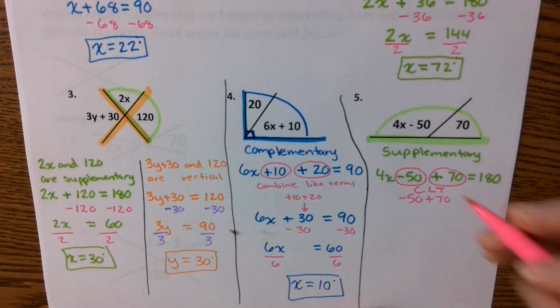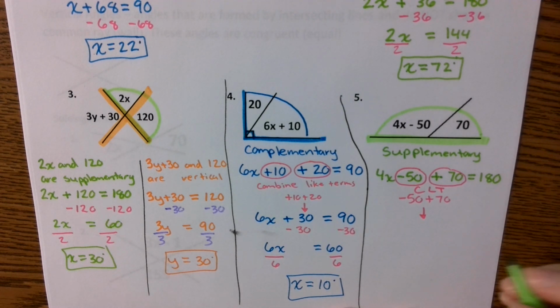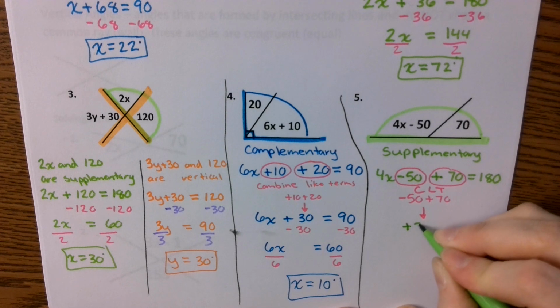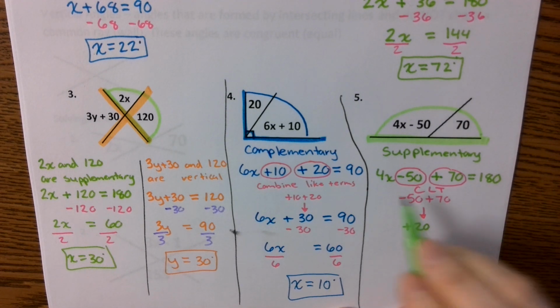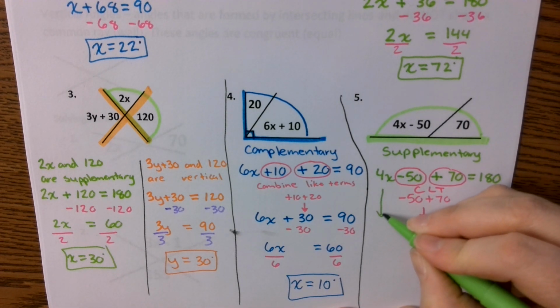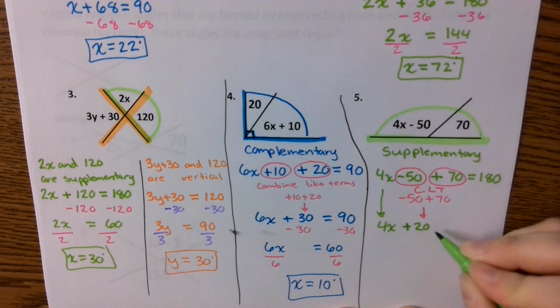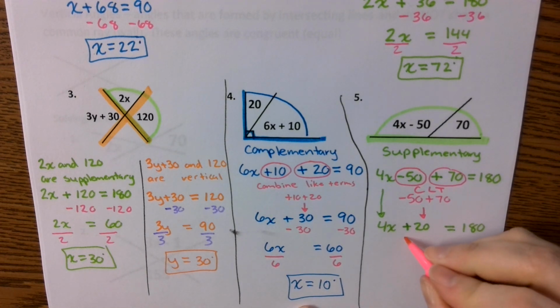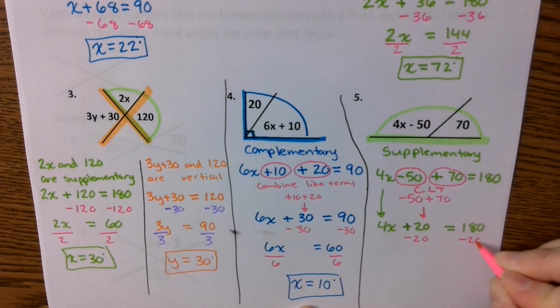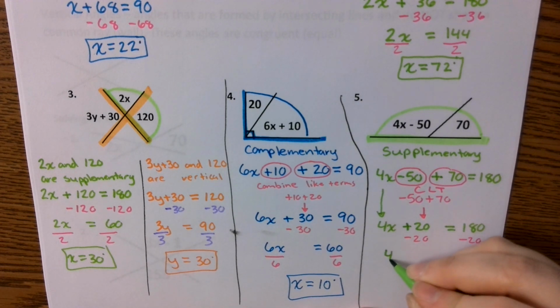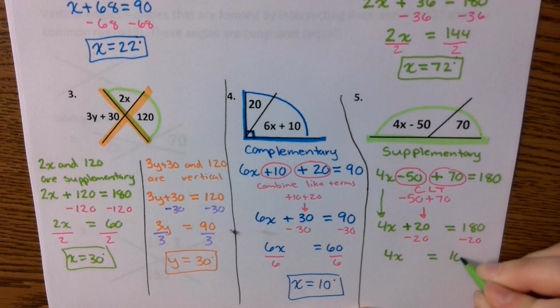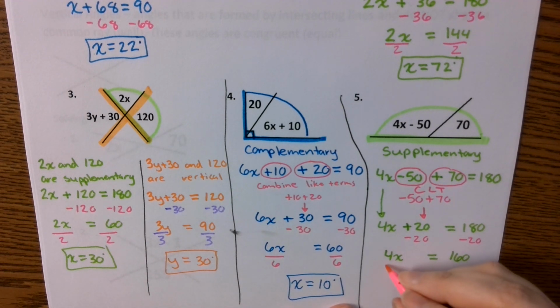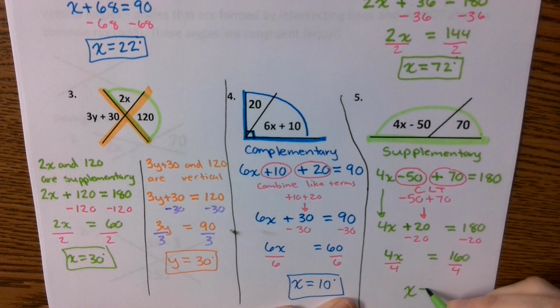When we combine a negative 50 and a positive 70 with each other, it comes out to a positive 20. That 4x is going to come straight down into our equation. 4x plus 20 is now equal to 180, and then we can go ahead and solve. We can subtract 20 from both sides. That gives us 4x is now equal to 160, and then we would divide both sides by 4 and get x is equal to 40.